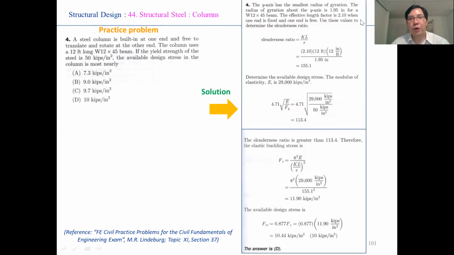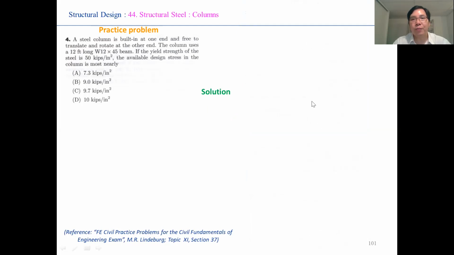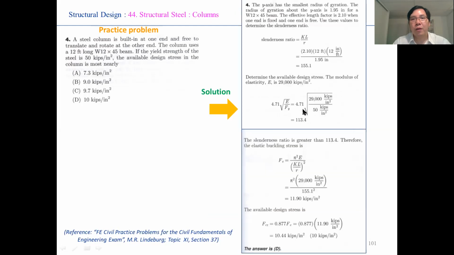So for the solution, firstly you can calculate the value of the slenderness ratio of the column by this equation, KL per r, so that you can find the value equal to 155, and after that you can determine the available design stress by this equation.